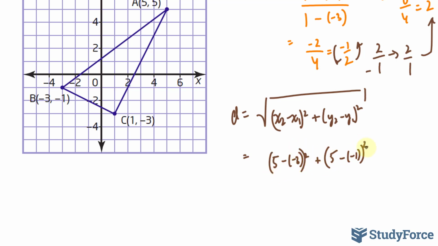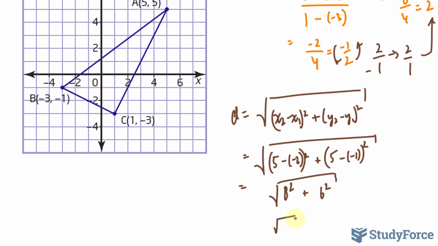This is being squared. We have 5 minus minus 3, 8 to the power of 2, plus 6 to the power of 2. 8 to the power of 2, 64, plus 36 is 100. The square root of 100 is equal to 10. That's the distance from A to B.